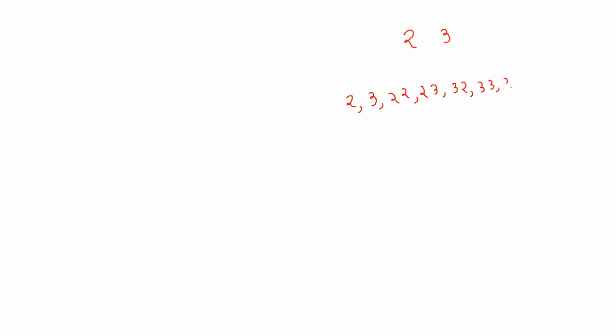Next one will be 222, next one will be 223, and what will be next? I hope you can understand easily, that is 232, next one 233, and so on. So these are the numbers which are basically formed using only digits 2 and 3.